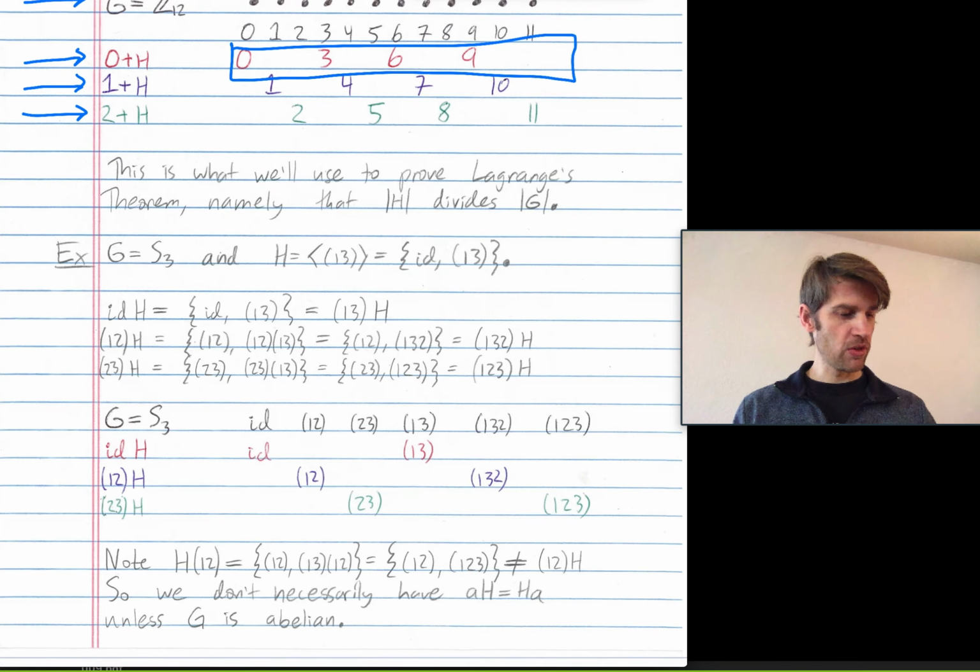(1 2)(1 3), if you multiply it out, you get this 3-cycle (1 3 2). Indeed, (1 2)(1 3) sends 1 to 3. Let me do that again.